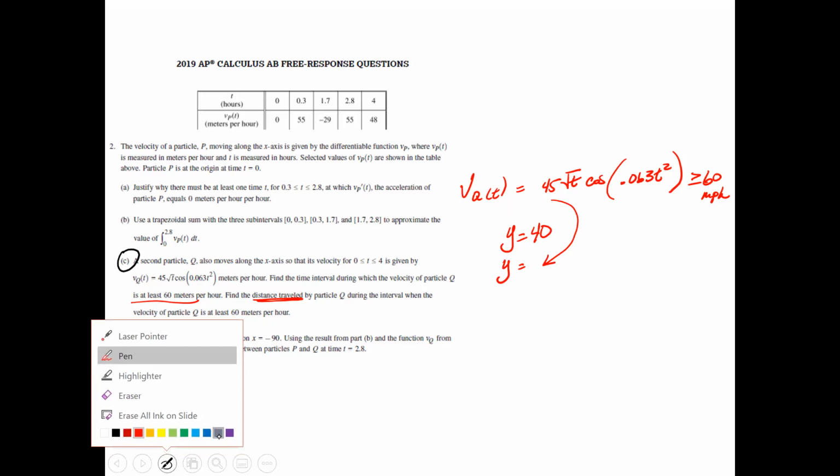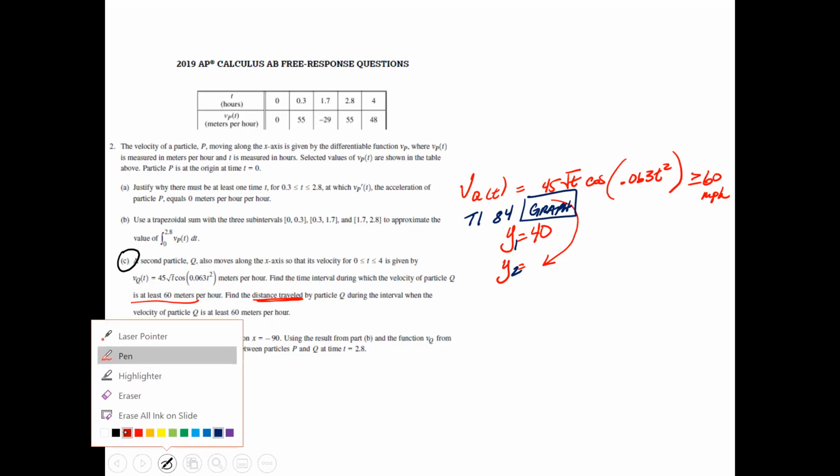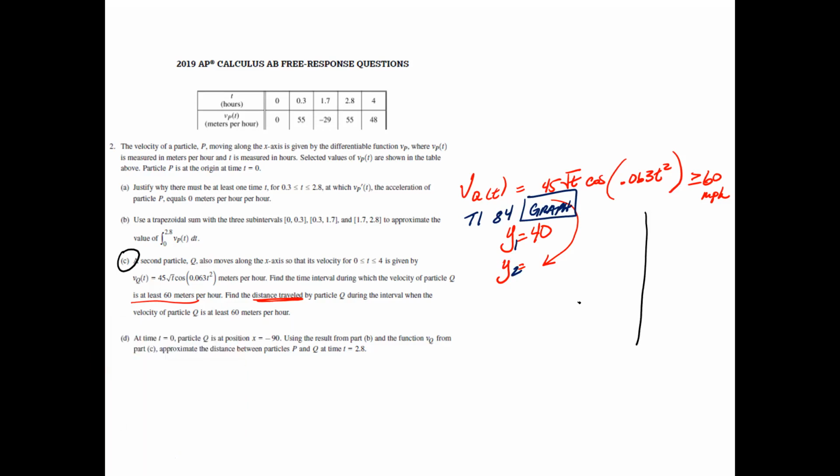So in your TI-84 calculator, you're going to hit graph, insert y1, y2. And when you go ahead and graph this, you should have a graph that looks something like this. When y is equal to 40, it looks something like this.